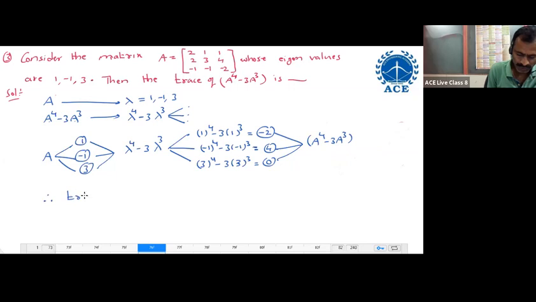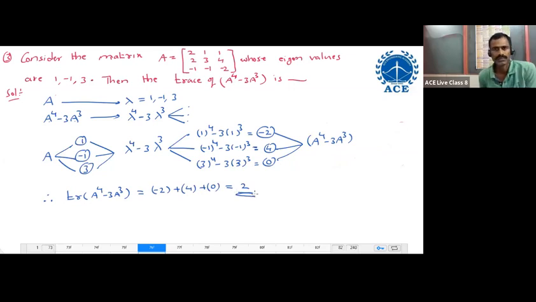Therefore, trace of A power 4 minus 3A cube equals the sum of these: minus 2 plus 4 plus 0 equal to 2. It is the trace of the matrix. Like this, for any big matrix of this form, we write the general eigenvalue like this, and then we write the particular eigenvalues with the help of the particular eigenvalues of A only.